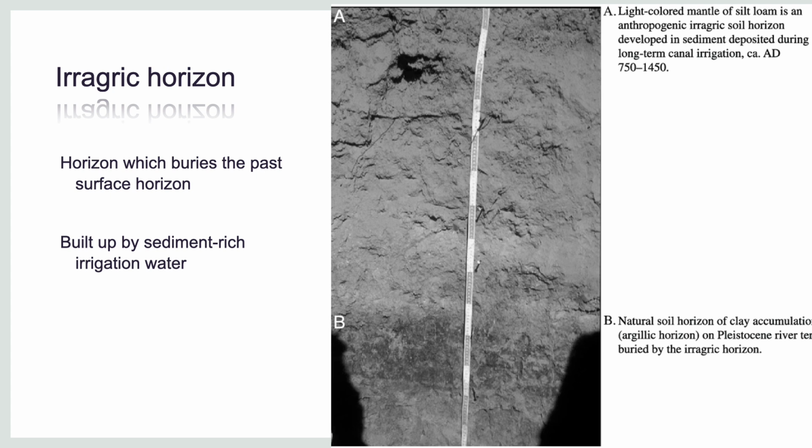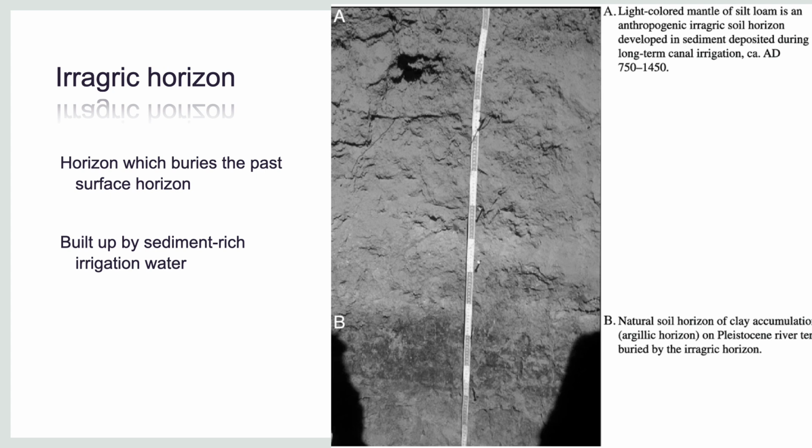We also can find an irragric horizon. The irragric horizon is a horizon formed by irrigation. So the irragric horizon is a surface horizon that is strongly related to irrigation, and it is formed in areas that use poor quality water to irrigate soils, especially water that has a high content of silt and fine sand.